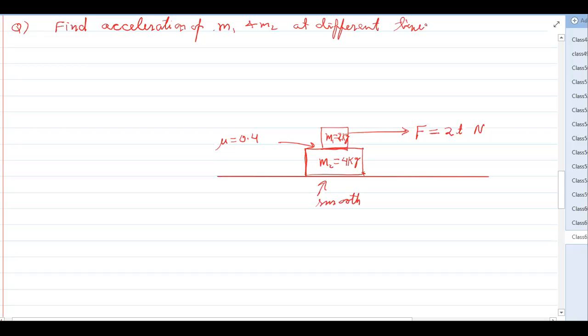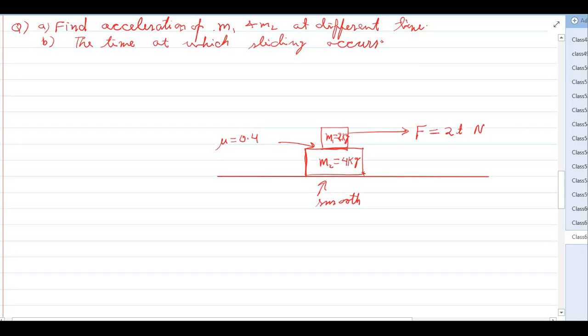Then we have to find the time at which the sliding will occur. So these two things we have to find.